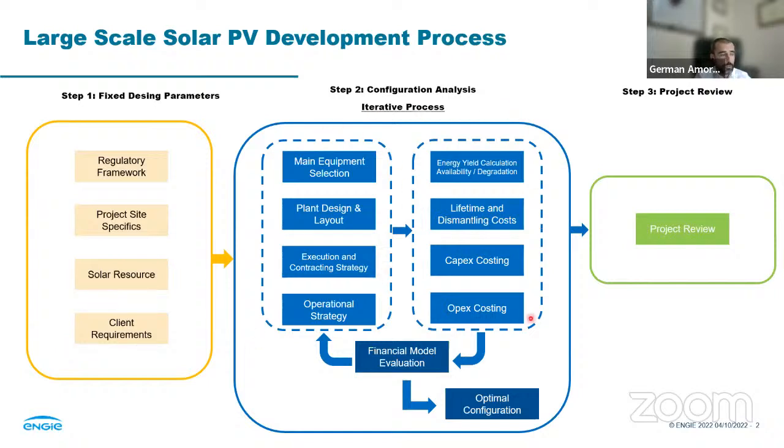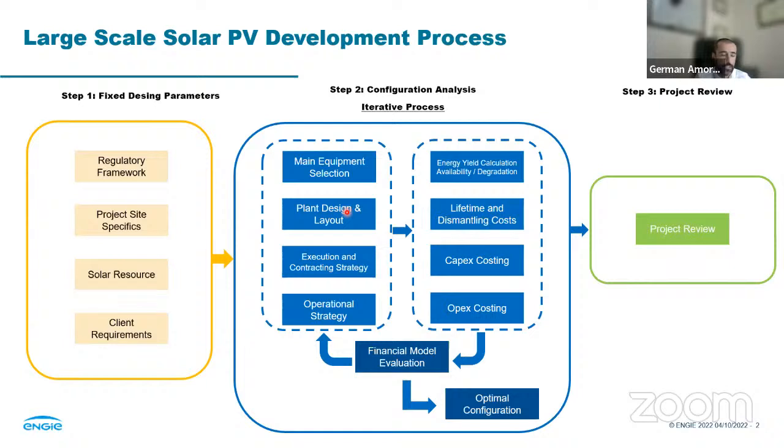And the main block that we consider is the iterative process within the optimization of the power plant. According to these main inputs, we need to decide on the proper equipment to select, and after that perform the layout configuration.